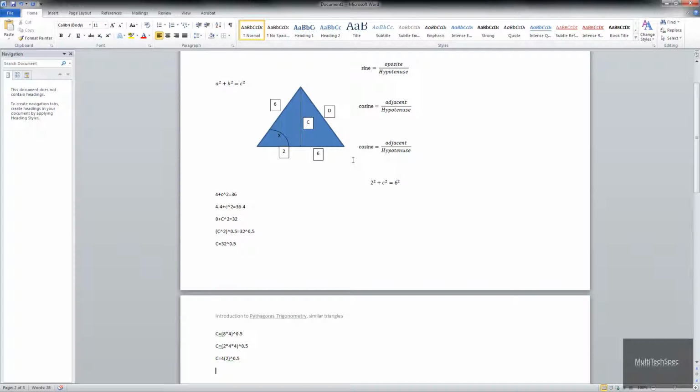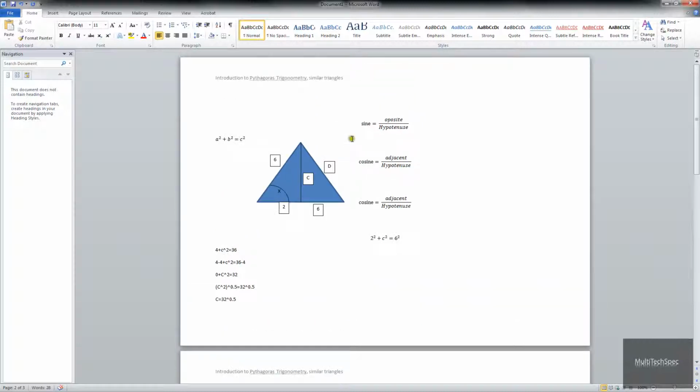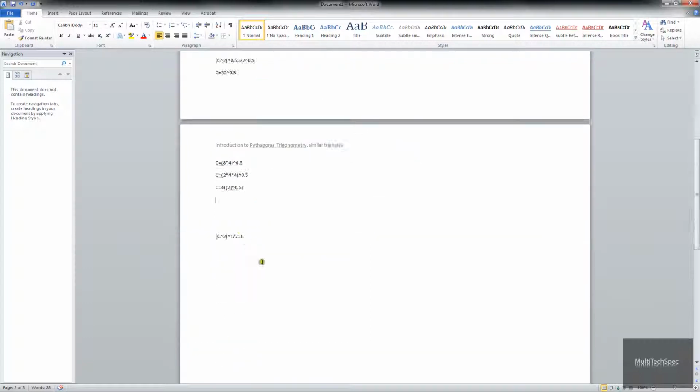Perhaps I should put another bracket there. That's 4 root 2, pretty much. Okay, so that's how you do it for the short side.